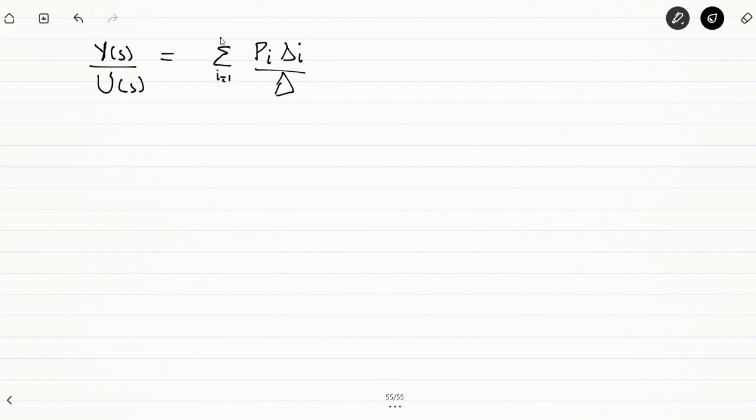where i is equal to 1 to n, where P_i represents the gain of the ith forward path. I already studied this in control 1.